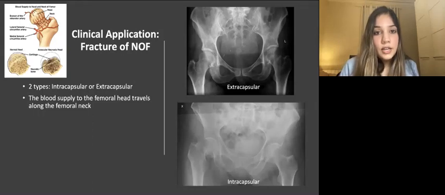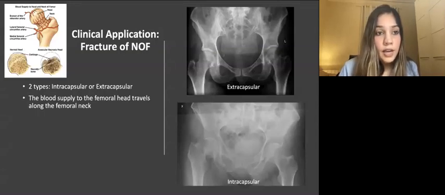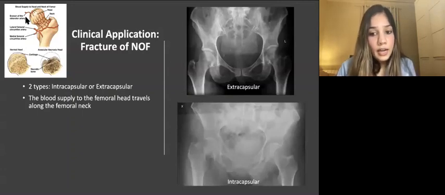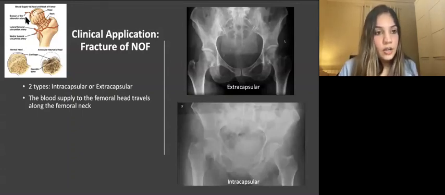So these hip fractures need to be fixed surgically. And also the major blood supply to the head of the femur arises from the obturator artery, which is a branch of the anterior division of the internal iliac artery.